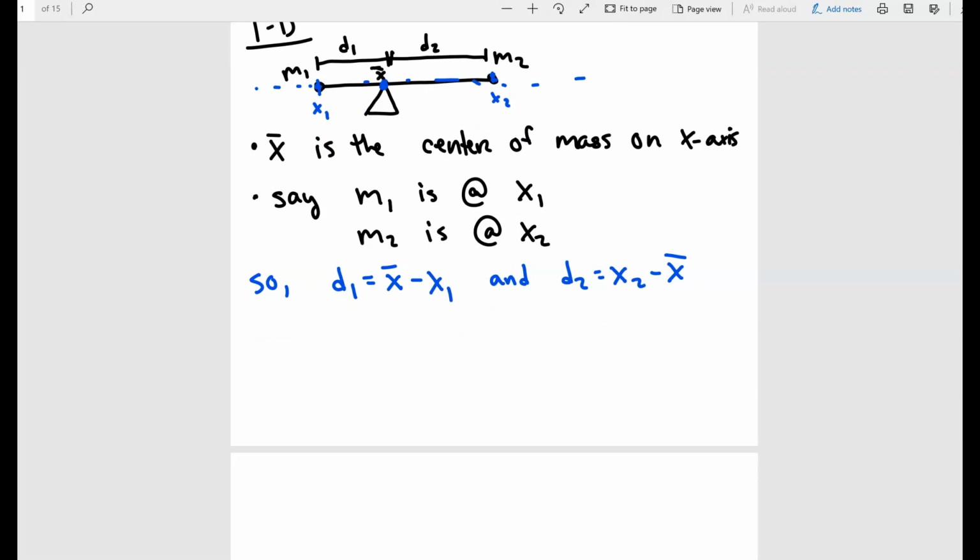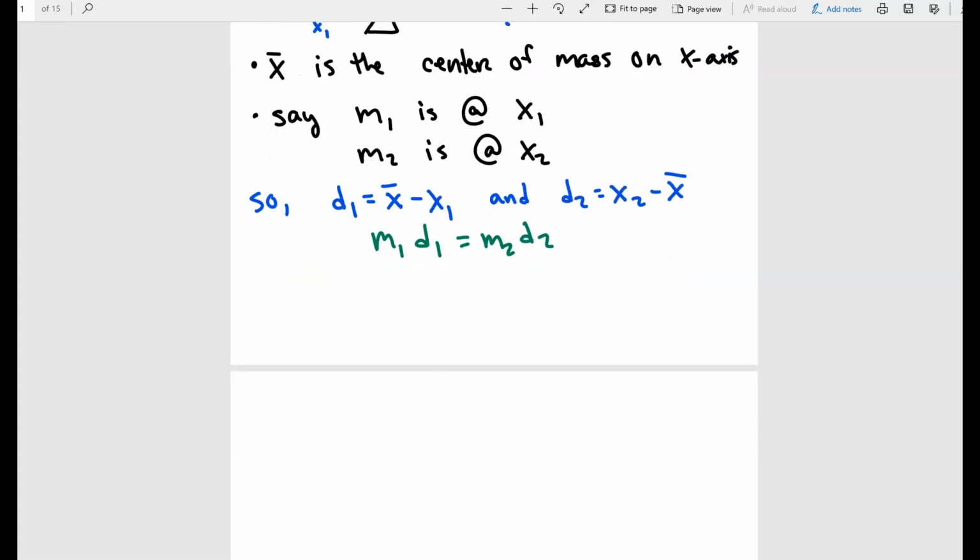All right, now we know that for it to be completely balanced, mass 1 times distance 1 should equal mass 2 times distance 2. Now I know what distance 1 is.